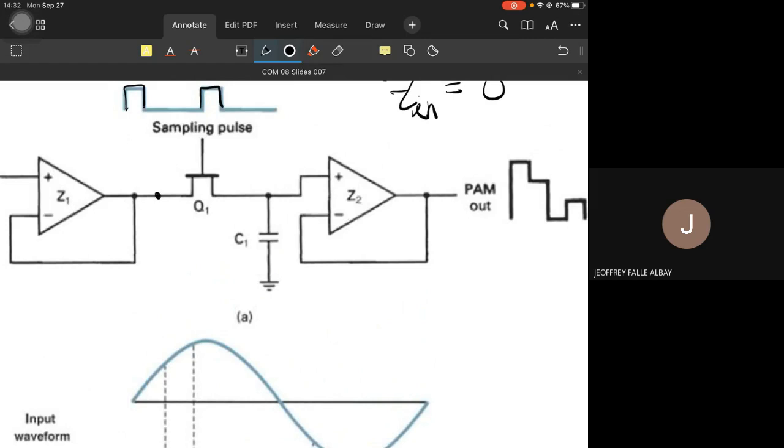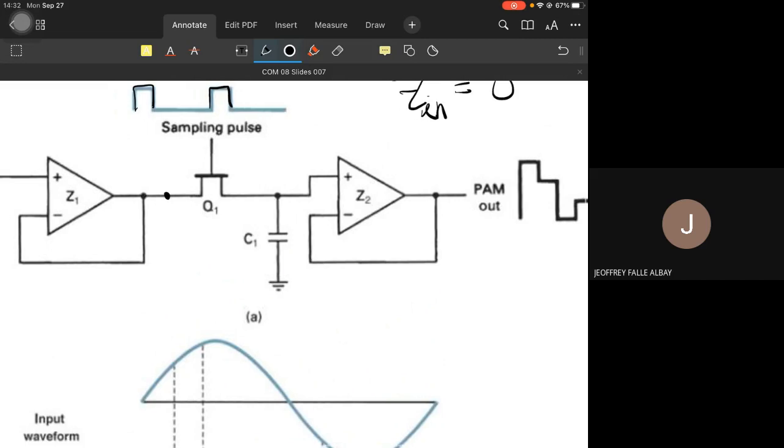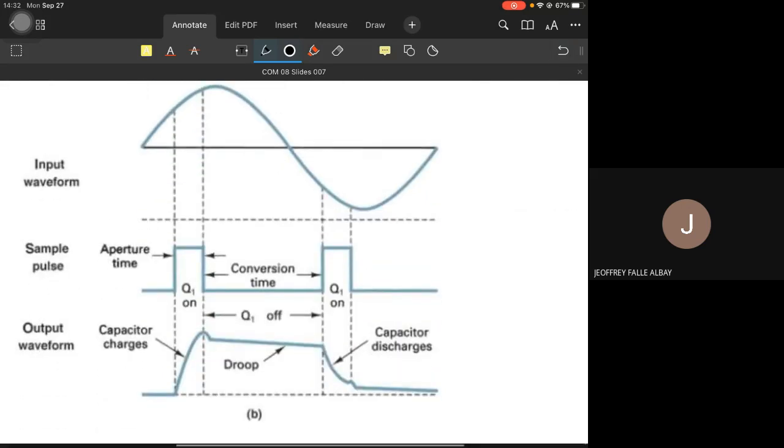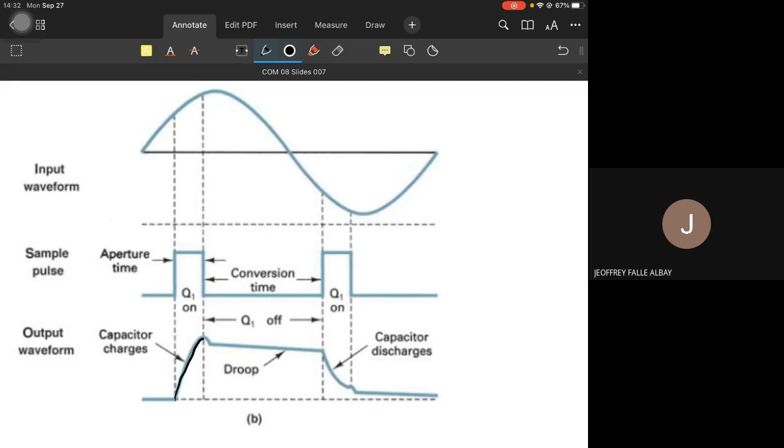Say 5 volts at the output of our buffer. The transistor turns on, shorting the path right here and charging our capacitor to 5 volts.